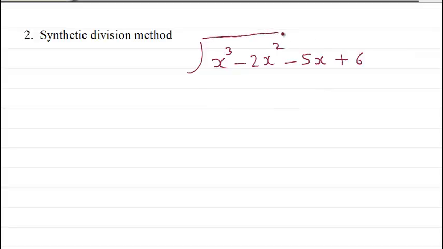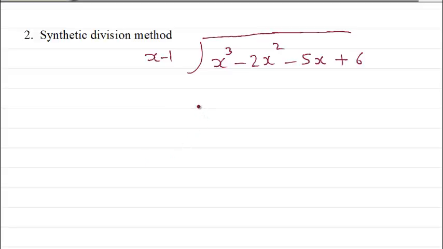Now we're going to use the second method, called synthetic division. So first you write your dividend, your problem, and we're going to divide it by x minus 1.